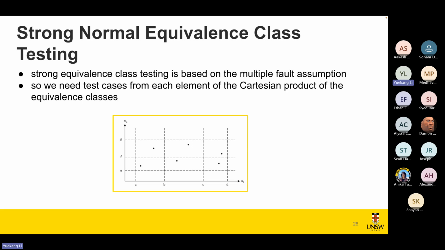Do you think there are alternative solutions, like in the weak normal equivalence class testing? No, right? Because we are covering everything, there's only one solution here. So this is strong normal equivalence class testing. And now we have played with the keywords weak and strong, so let's try to deal with normal and robust.